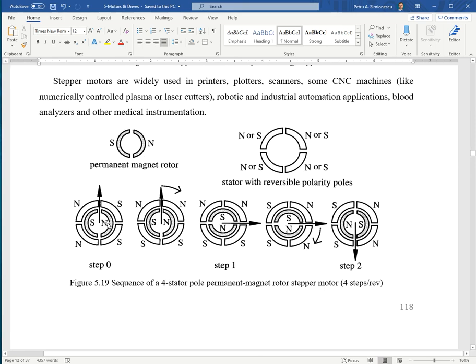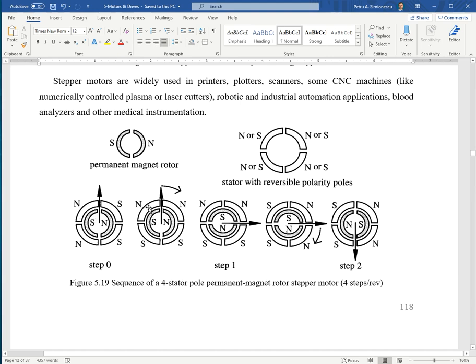So you have north and south, and you have the poles, and in a hold position, south is aligned with the north, and north with the adjacent poles. Here are just 4 poles. In order to rotate the motor to the right, you change the polarity of the poles.